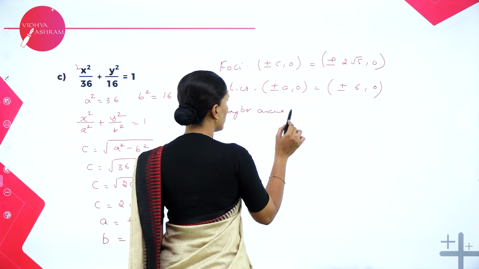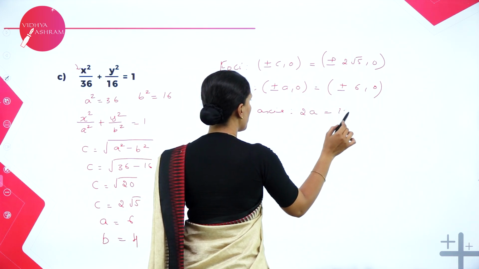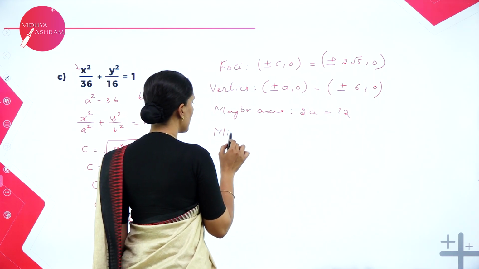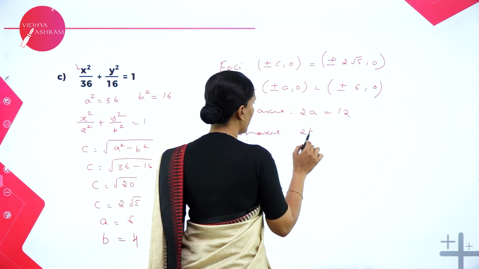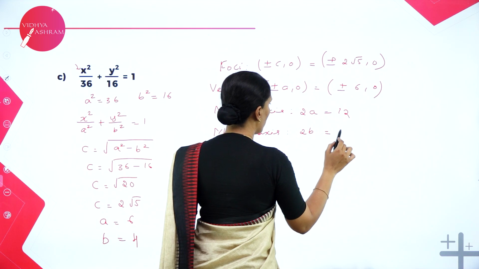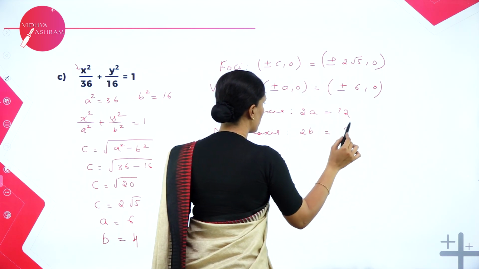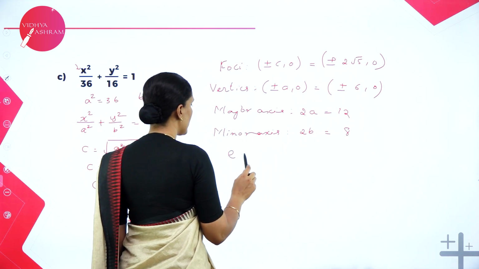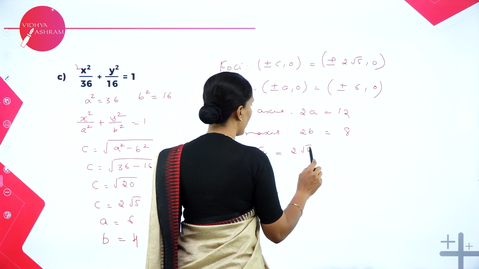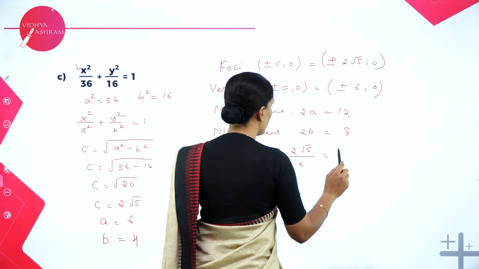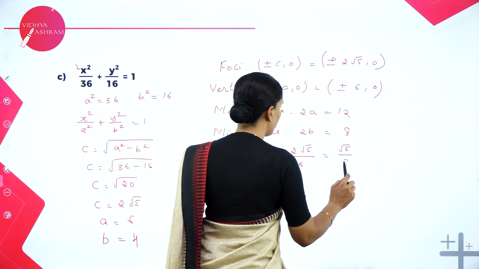Next, we have major axis. Major axis is 2 times a, which is 12. Minor axis, 2 times b, which is 8. Next, we have eccentricity c by a, which is 2 root 5 divided by 6, which becomes root 5 divided by 3.